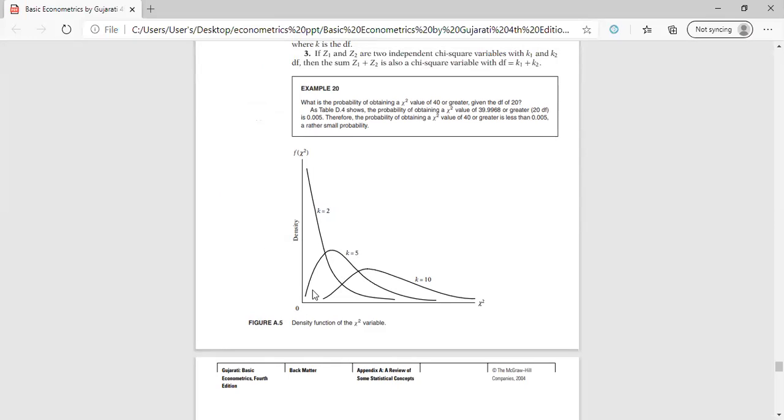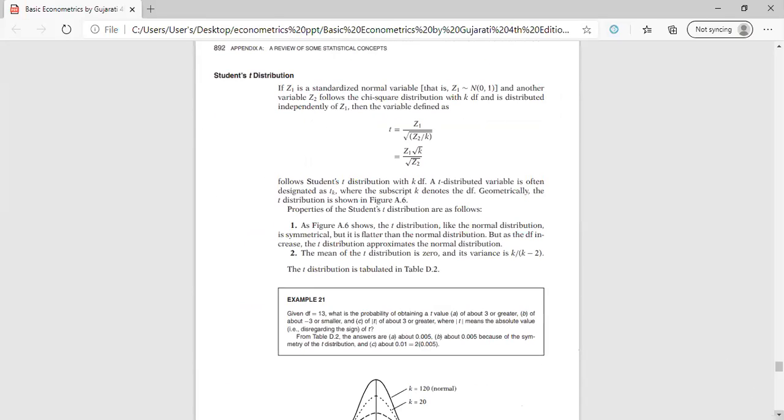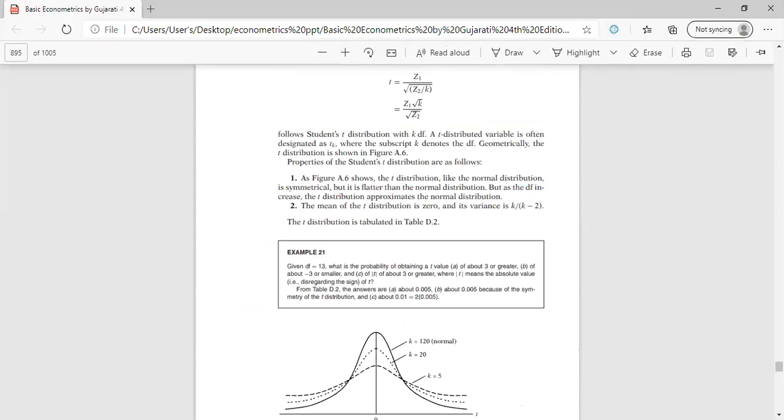No worries about the background of the chi-square. Just focus that it's starting from 0 and going up quickly and then it gets a long tail. Obviously, it changes its shape with k.